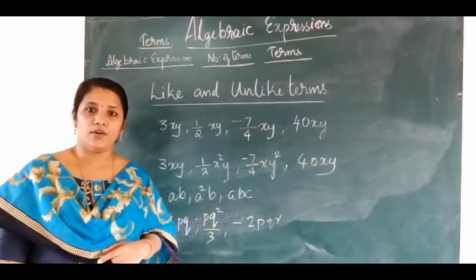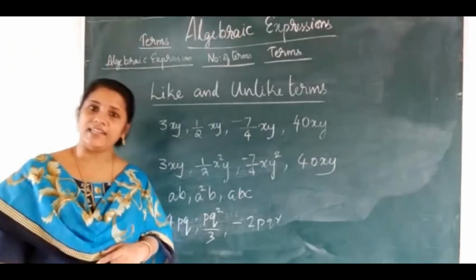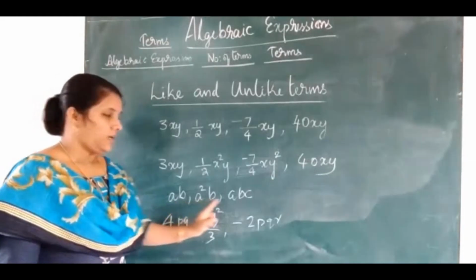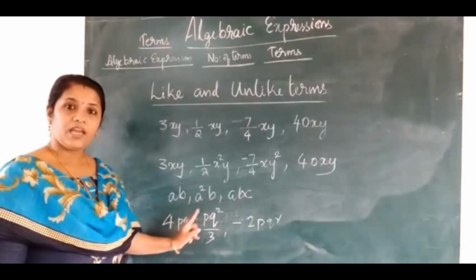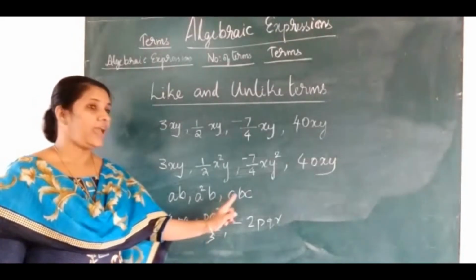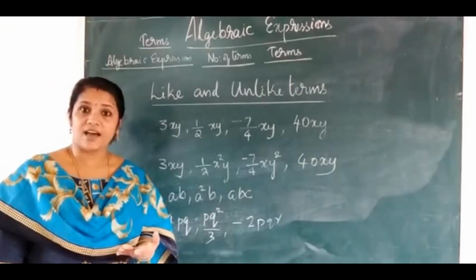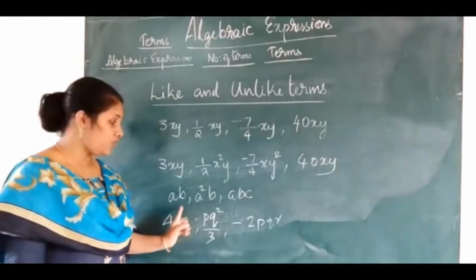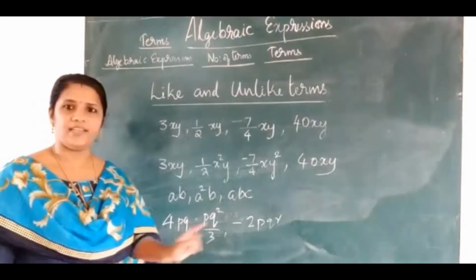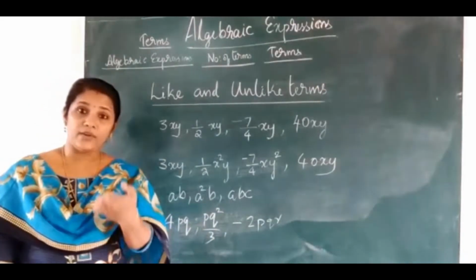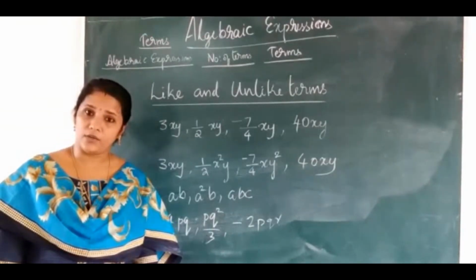These are not like terms, so we can call them unlike terms. Look at the next example: AB, A square B, ABC. Here also the letters are different, so they are unlike terms. It is also another example. Can you write like terms and unlike terms in your notebook?